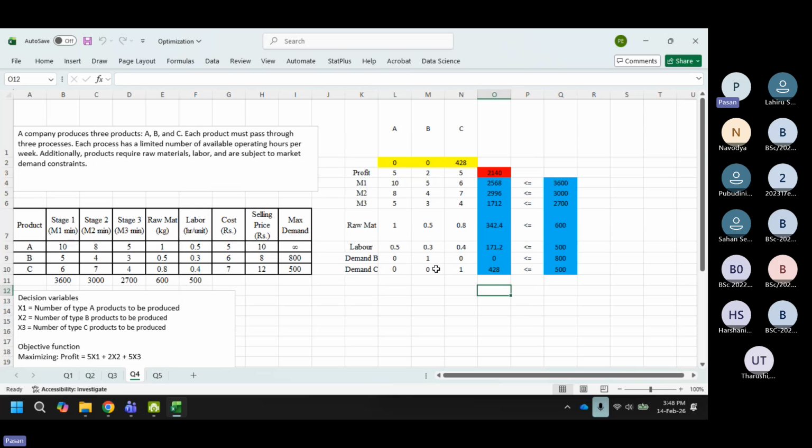So that's indicating basically that only type C has to be produced, right? So not the other two, right? So in general, due to the other restrictions here, you can notice that production of only type C is enough, right? So that's what they're indicating over here.